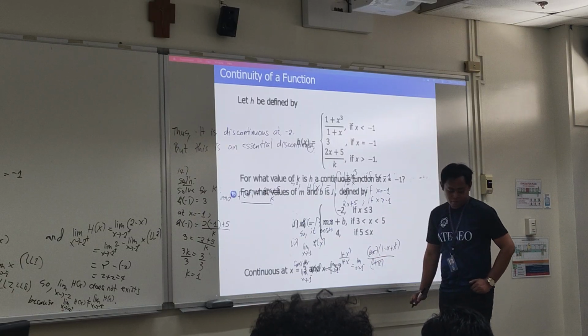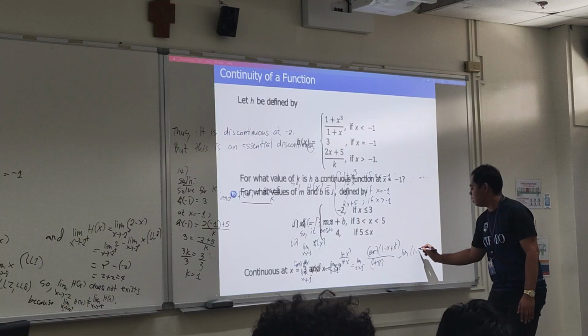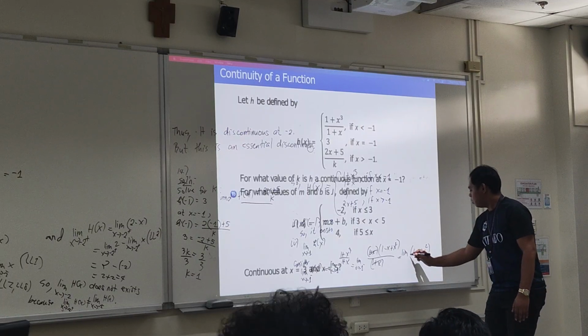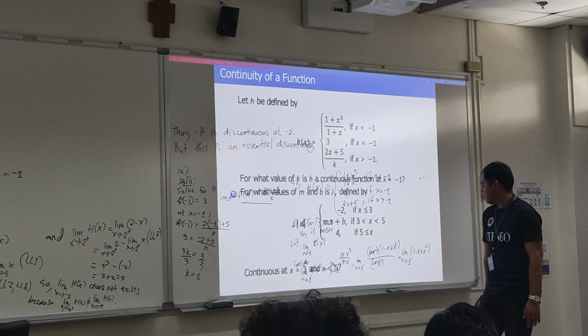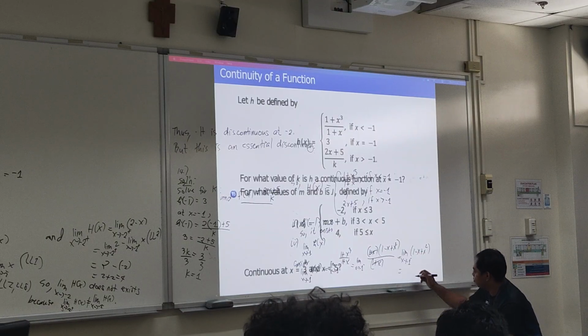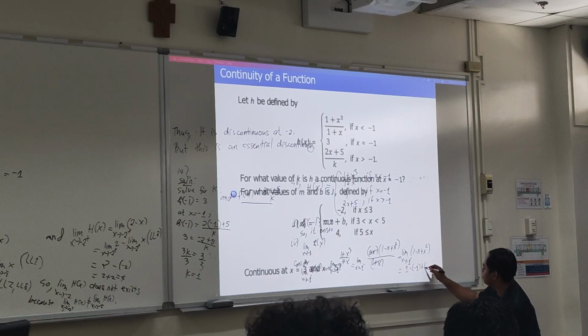So you can cancel it out. And this will equal the limit of 1 minus x plus x squared as x approaches -1 from the left. And this is just what? 1 minus -1 plus -1 squared. So this is just what? 1 plus 1 plus 1, which is 3.